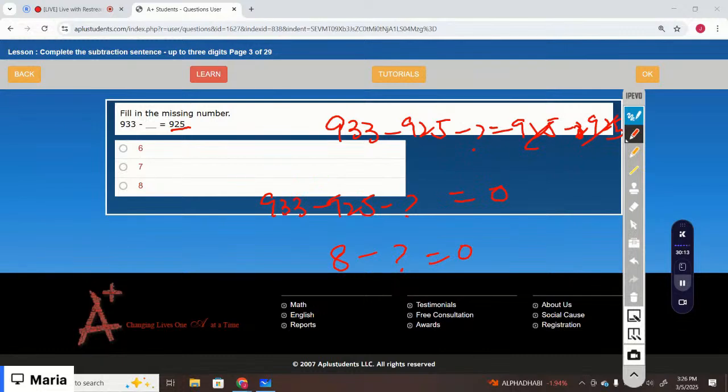That means the missing number is 8. The missing number is 8.